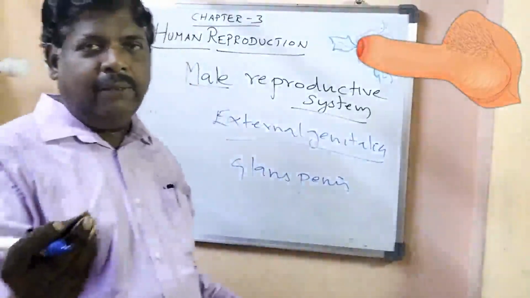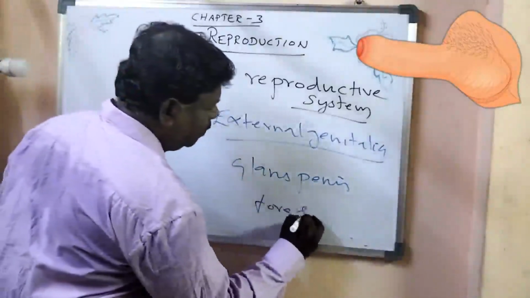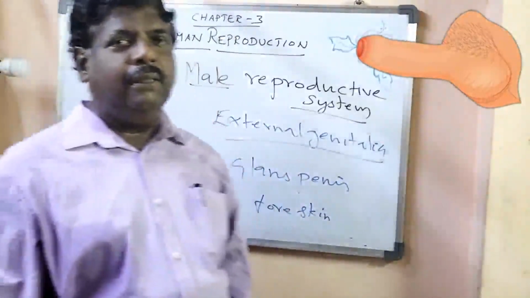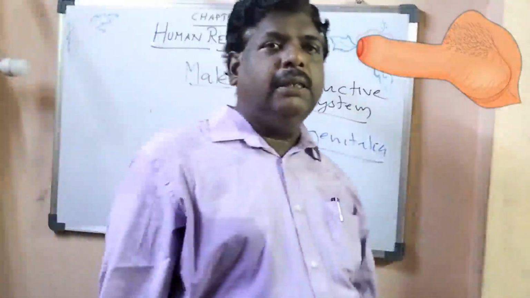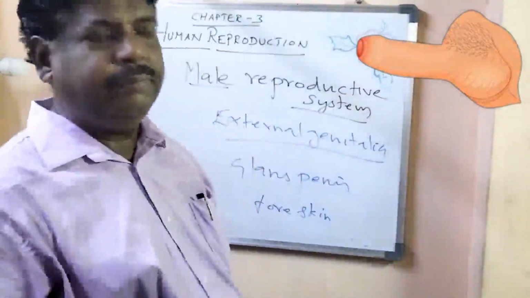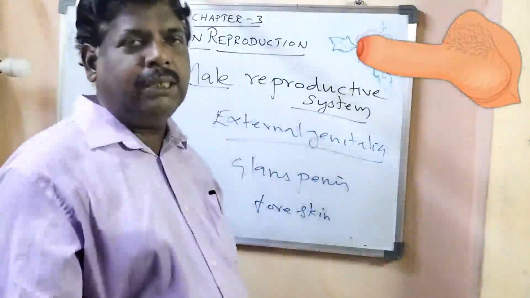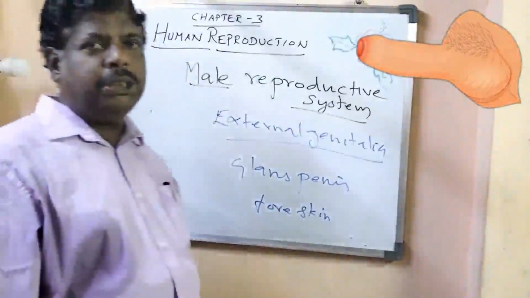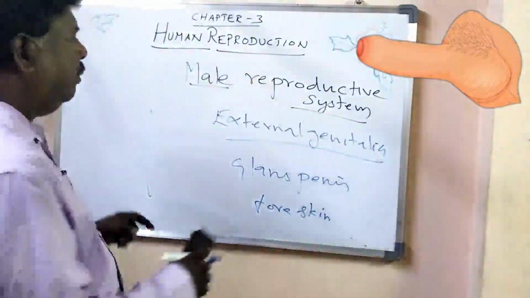And next to that there is a folded skin-like structure called the foreskin. So that is how the external genitalia is presented. External genitalia is called the penis. It's a tubular structure. The bulged part of it is called the glans penis, and the end portion of that is called the foreskin. However, this entire structure is made up of special tissue that helps in the erection of the penis.